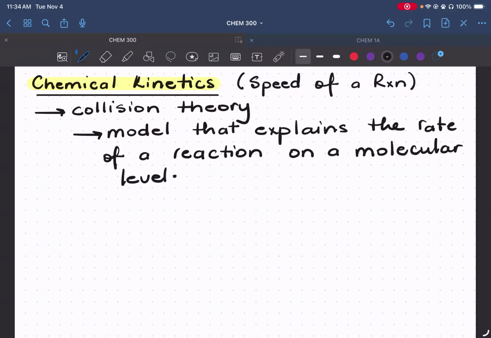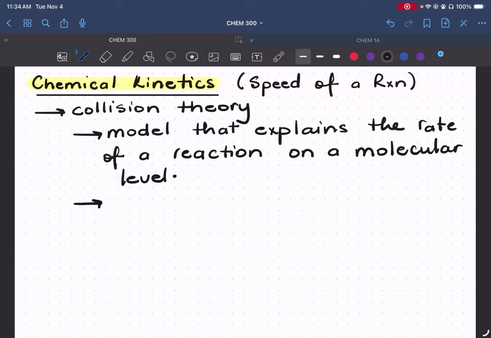As the word suggests, it talks about the actual collision between the molecules. It is from this collision that bonds are broken or formed. It's also from these collisions that energy is either released or absorbed.